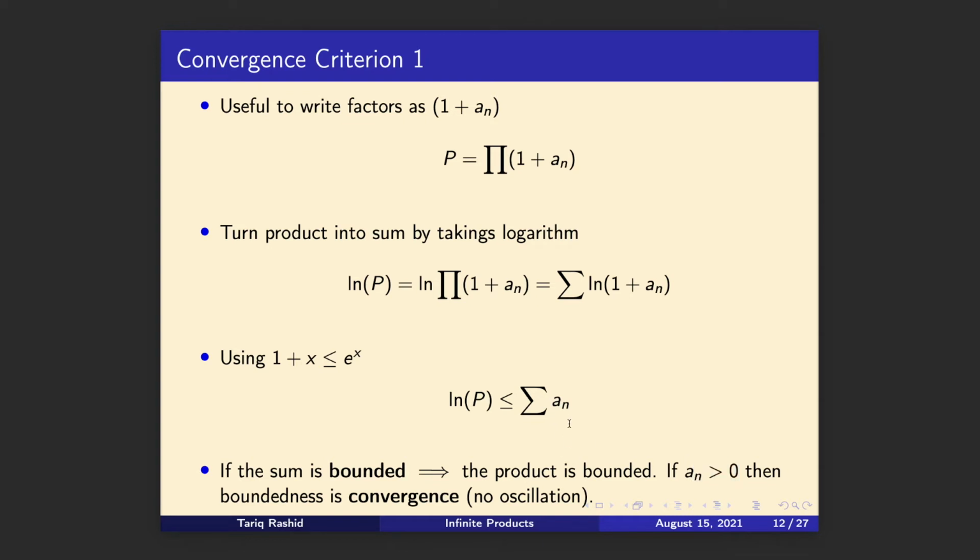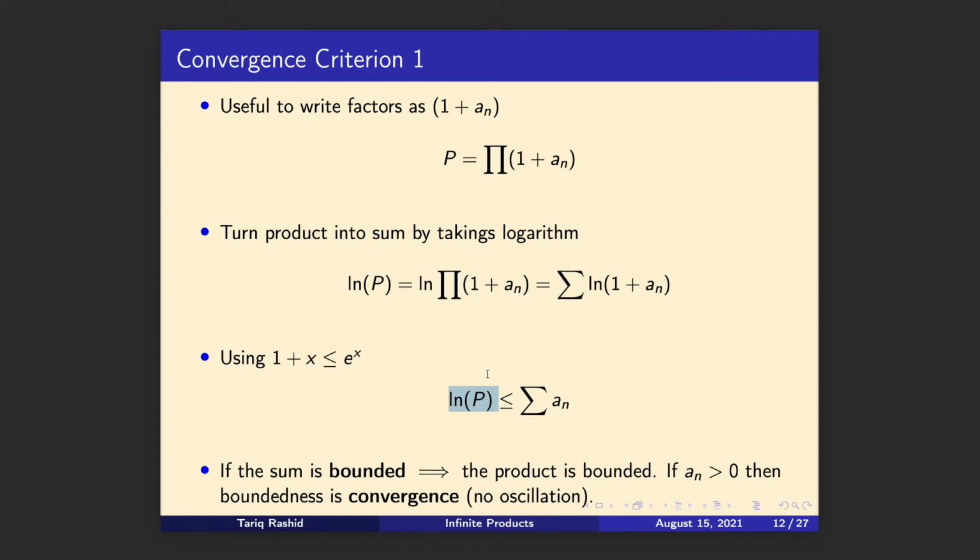That means it doesn't oscillate, it doesn't go up and down, there are no negative values, it can only ever grow and not go down. So that means we can talk about convergence. If an is more than 0, then this converges if it's bounded, and then p is also convergent as well. The product is convergent, so that's useful.